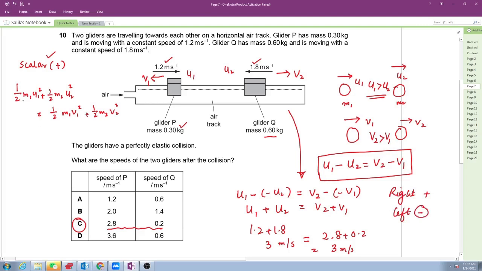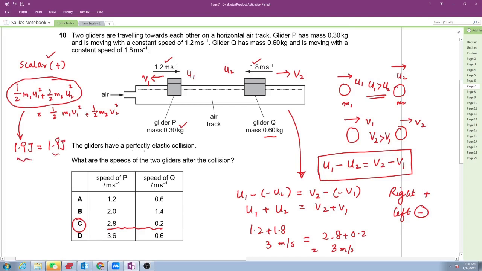If this data is given to you and you plug in the numbers, you can get 1.9, I think, on both sides. Now you can try the C value: suppose v1 is 2.8 and v2 is 0.2, then only that answer will give you the correct result.